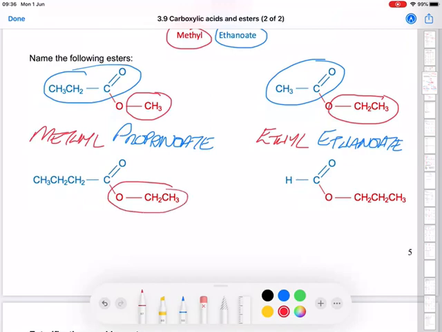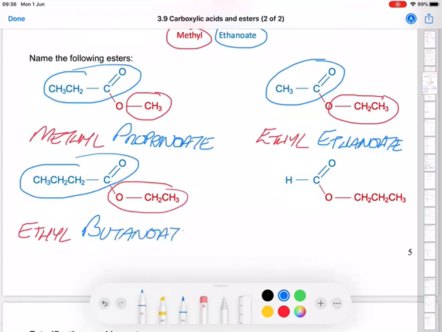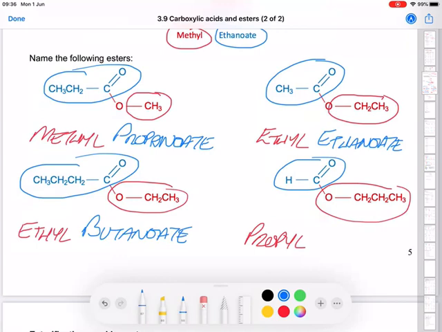Looking at the third one, I've got 2 here, so that's going to be ethyl, and this bit here, I've got 1, 2, 3, 4, so that is going to be butanoate. And then the final one over here, so I've got 1, 2, 3 carbons in there, so that's going to be propyl. And I've only got 1 in this last part here, so that's going to be methanoate.